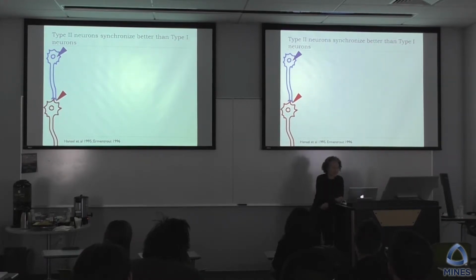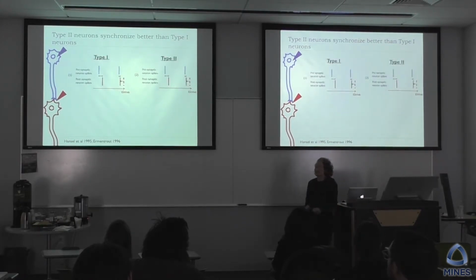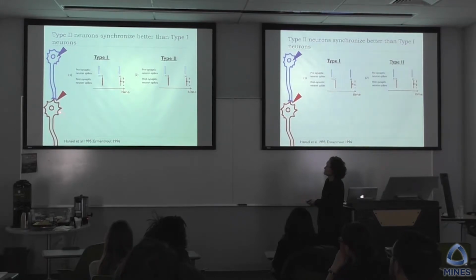All right, so I've got a cartoon schematic to give that explanation. Let's think about two cells, the blue cell and the red cell. The blue cell is firing and sending a synaptic input to the red cell. So we talk about the blue cell being presynaptic and the red cell being postsynaptic.